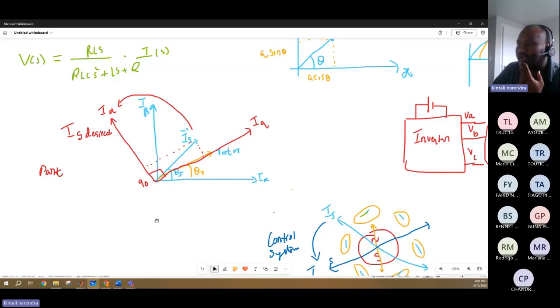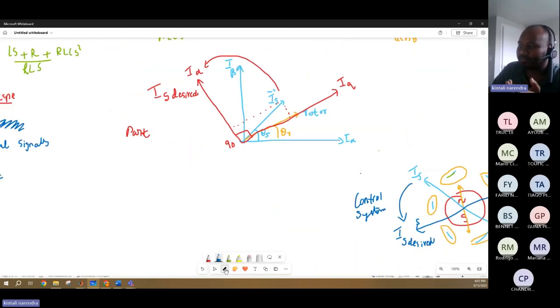There comes another smart mathematician, and the technique is called Park transformation. I think the name of the guy is Park. What is Park transformation?